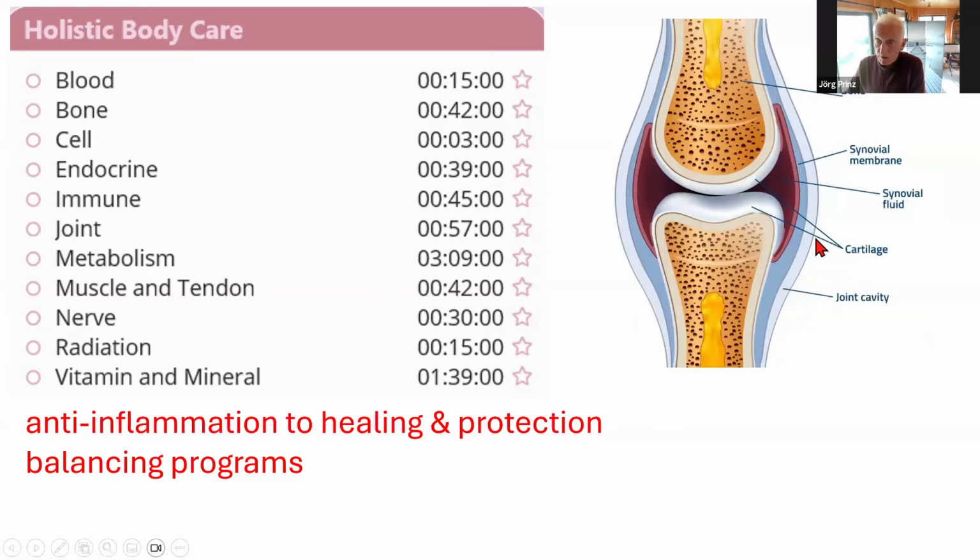The next one is joint. Joints are vitally important in energy medicine because they have got synovial fluid inside it. And this is a very rich soup, basically, that feeds the cartilages. The cartilages are white because no blood supply or little blood supply goes into them. The main food and the integrity of the cartilage is actually provided by synovial fluid.